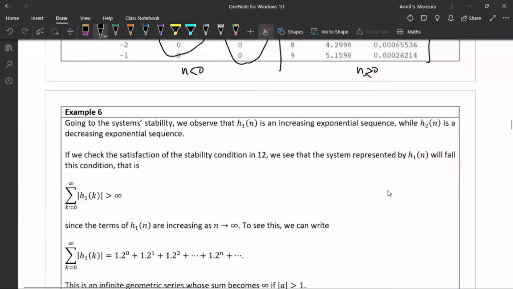Now, talking about stability. In terms of stability, your h1 is the sequence 1.2 raised to n u[n]. So we see that the sequence is an increasing exponential sequence.